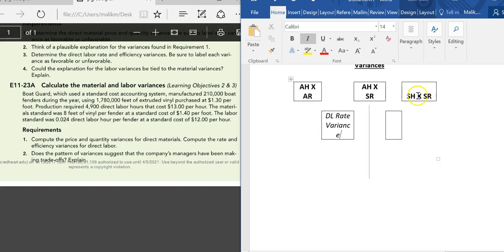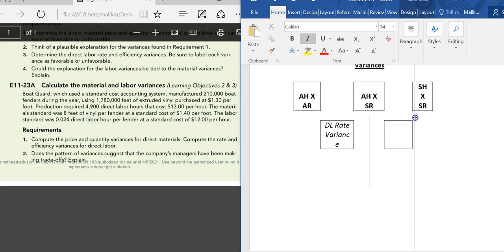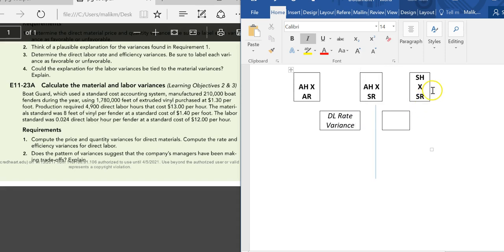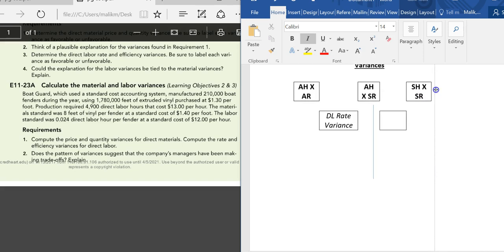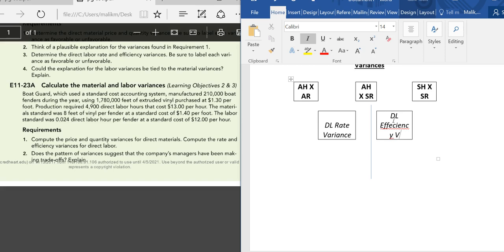So please ignore all these shapes and signs here, but I hope you will understand what I am trying to show here. So here in box number 2 and 3, we are actually showing the main difference, which is based on the hours, and hour actually determines the efficiency of your labor. So we'll call it direct labor efficiency variance.